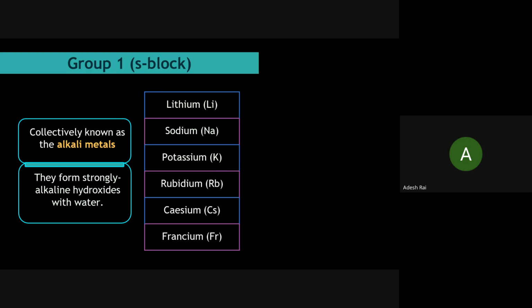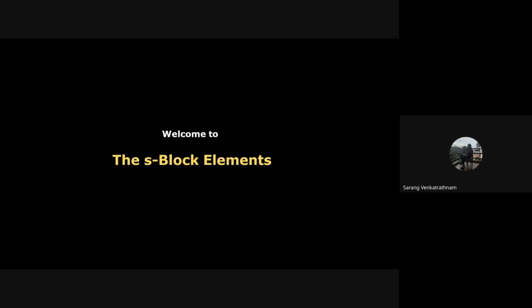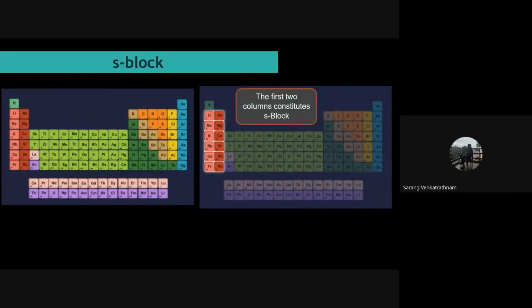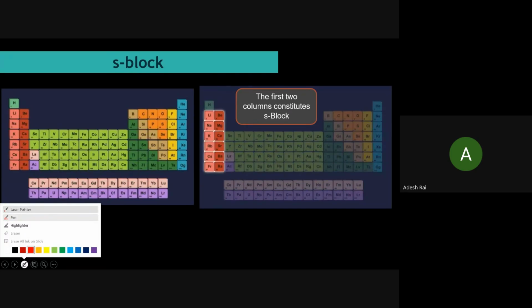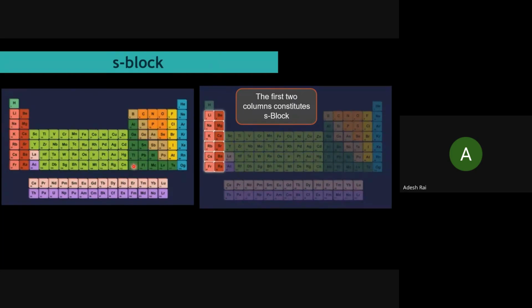Okay, this is the periodic table. So you can see we have to study group one and group two.